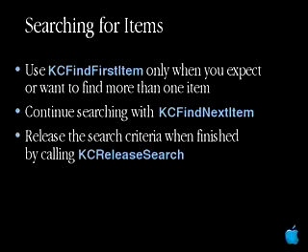Fairly straightforward. They take a list of attributes, things that you're searching for, and they'll return a search reference to you. So you can continue to call find next item as you need to find items that match your search criteria. And then when you're all done, you call release search.